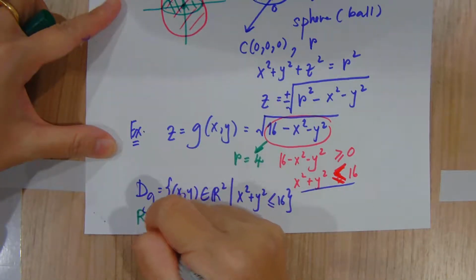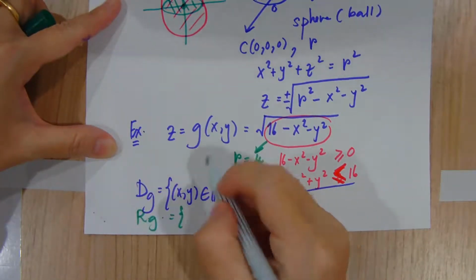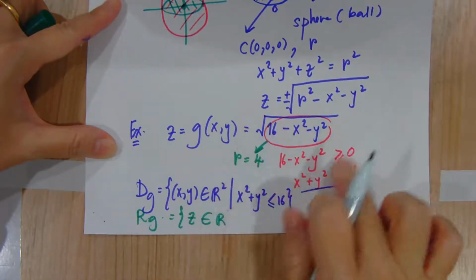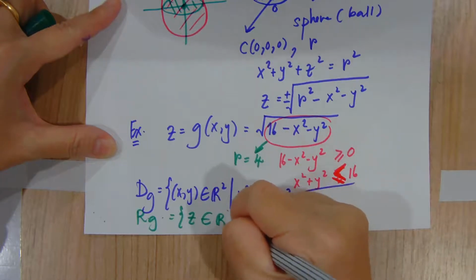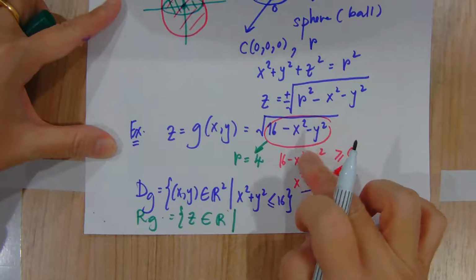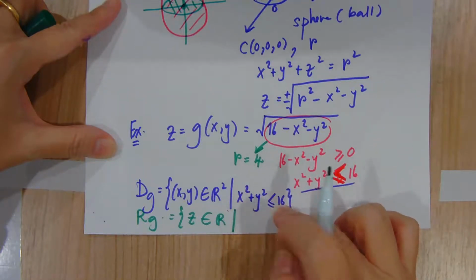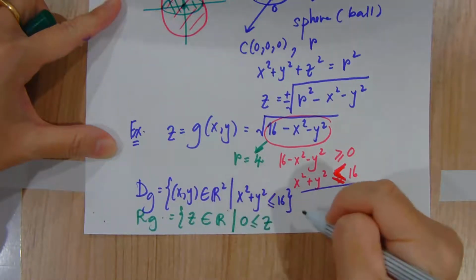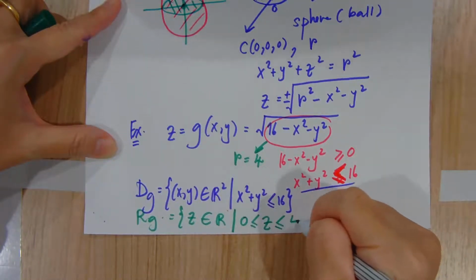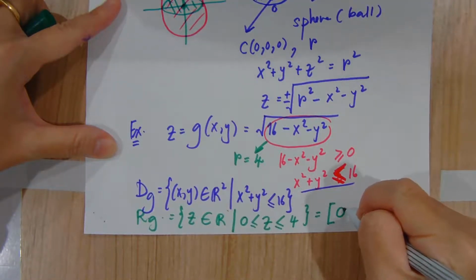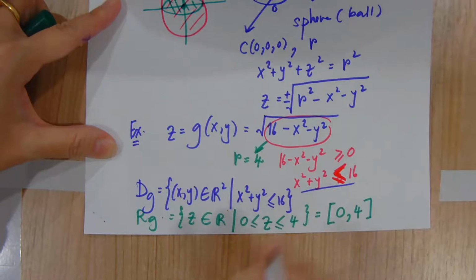The range of this function is the value of the term z, which is just a real number, only one dimension. Since this term is at most 16, at least it could be 0, or the maximum is 4. Or we can answer in the closed interval from 0 to 4, since this is just the real numbers, okay?